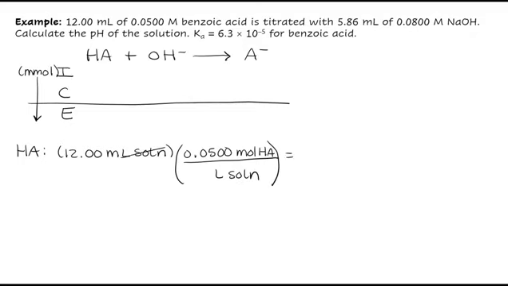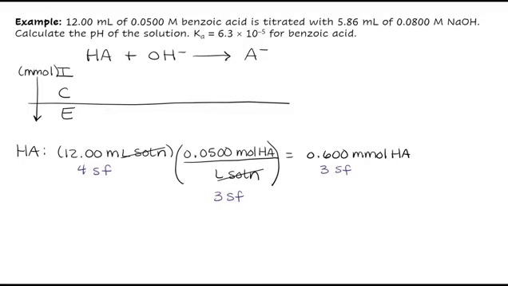Liters of solution will cancel, and we're left with millimoles. Looking at our sig figs, we have 4 sig figs in the volume, 3 sig figs in the molarity, so our millimoles will be rounded to 3 sig figs. Doing the math, 12.00 times 0.0500 rounded to 3 sig figs gives us 0.600 millimoles of HA.